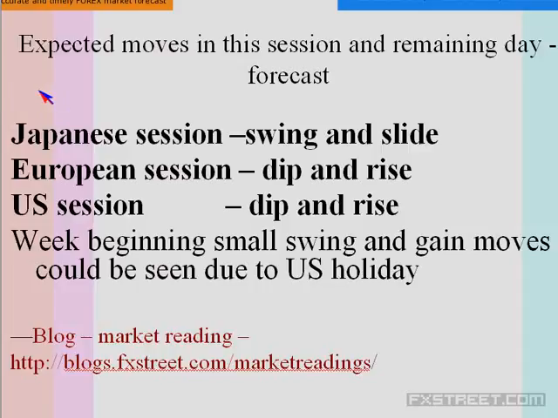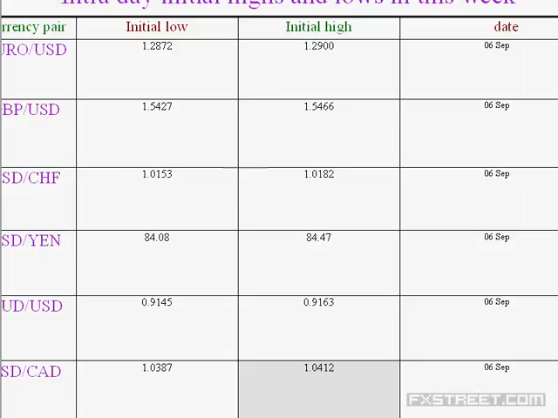But they are not going to give up the levels they gained in a very significant way during this particular week. So according to me, the dips are buy opportunities in the case of Euro and GBP, but not during the rise. Then let us see the initial lows and the highs which are set during this particular day.